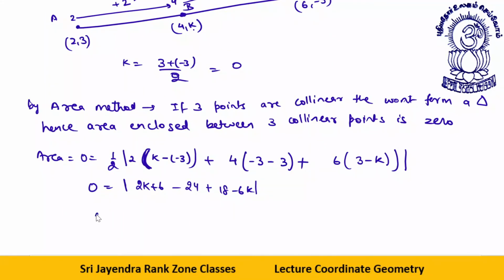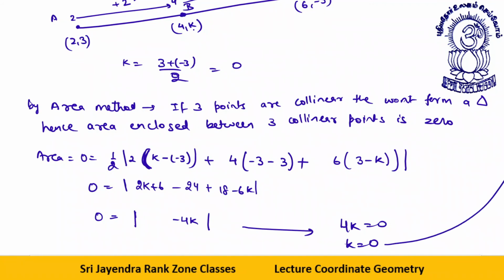So from here I can say 0 is equal to 2k minus 6k, which is minus 4k. Then 6 and 18 is 24, 24 minus 24 is 0. So minus 4k is equal to 0, or 4k is equal to 0. That is k is equal to 0, as you found out by pure logic earlier. Same answer, all my dear students. Okay, clear to all?